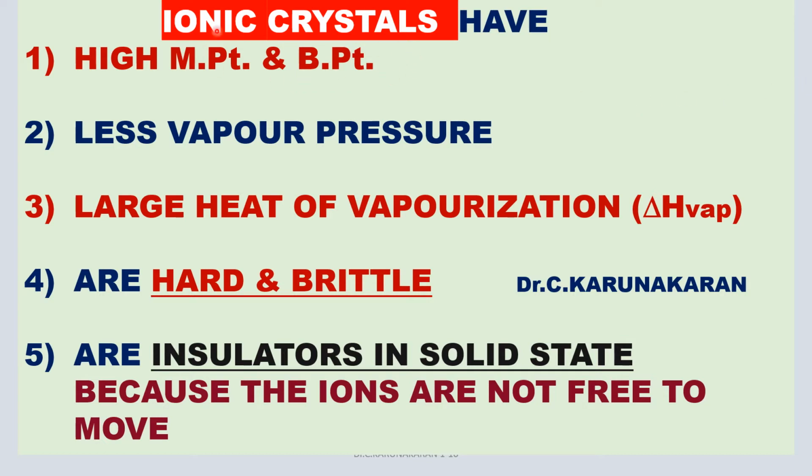Because of the high melting point and boiling point, they have less vapor pressure, whereas hexane and butane have high vapor pressure because of low melting and boiling points. Ionic crystals also have a large heat of vaporization.